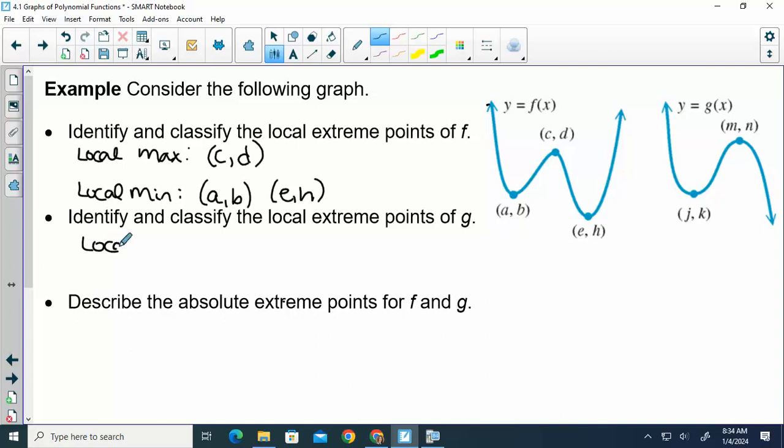Now let's do the same thing for G. What about on G? Do we have a local max and a local min?